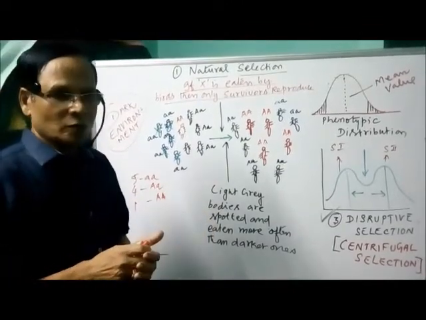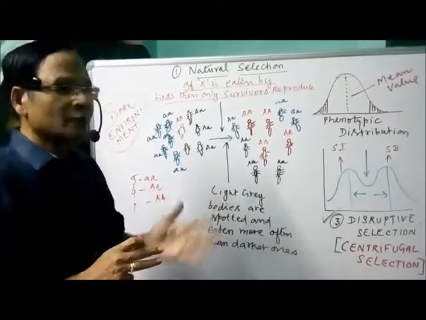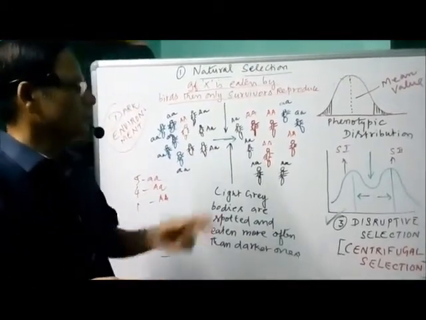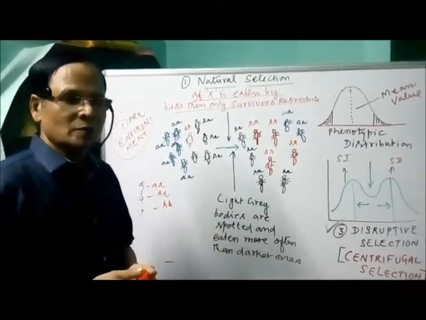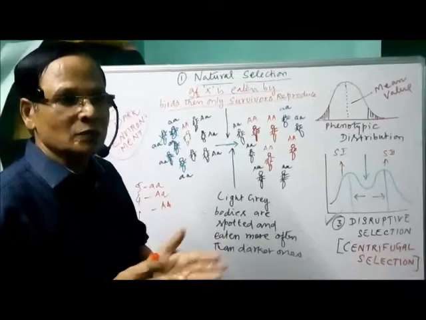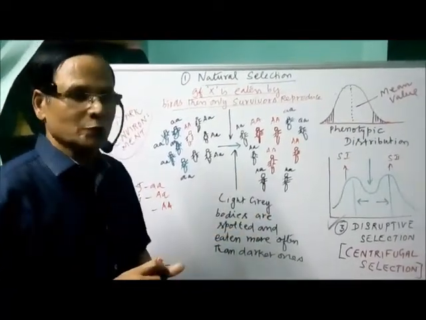That's the meaning of that. Individuals at both the extremes are selected and the average phenotype is normally eliminated. So this type of selection normally selects the peripheral character values at both the extremes of the phenotypic distribution.